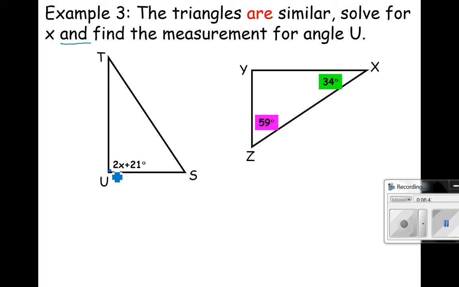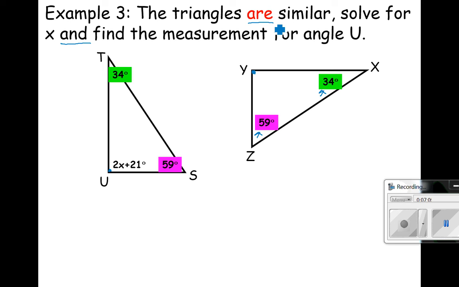But I can look at the other triangle, XYZ, and I know that this is the one that corresponds with it. So therefore, I can fill in the other measurements because I know one of them has to equal 59 and the other one has to equal 34 because they are similar. We're told that in the beginning of the example.